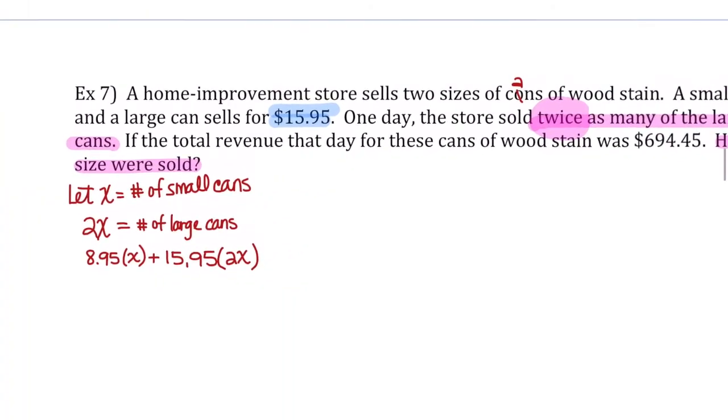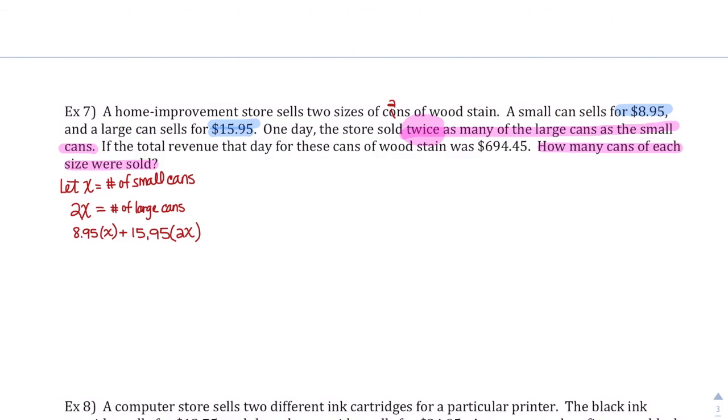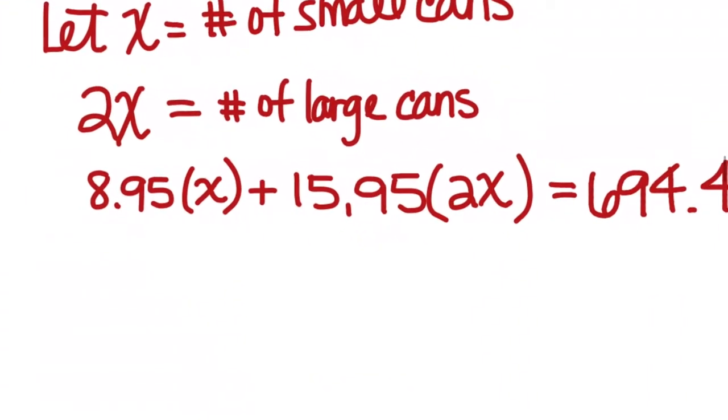And the value of both of them together is going to be $694.45. Now we're going to combine them and then work out the problem.